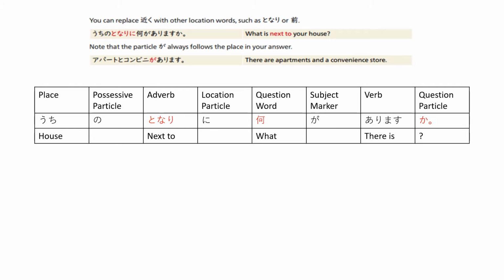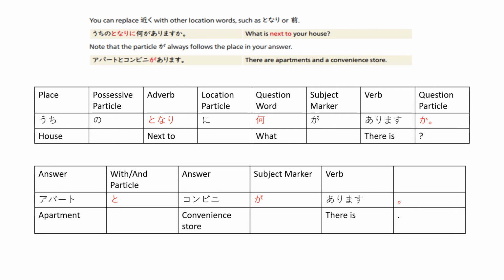So let's break down those sentences. Again, you start off with the place, which is uchi, followed by the possessive particle no. Then you're using the adverb, which in this case is tonari, but again, you can use other adverbs or prepositions of place, technically is what they're called. Then you've got the location particle, which is ni, question word nani, subject marker ga, arimasu, which is the verb to mean there is, and then you've got the question particle, which is ka.